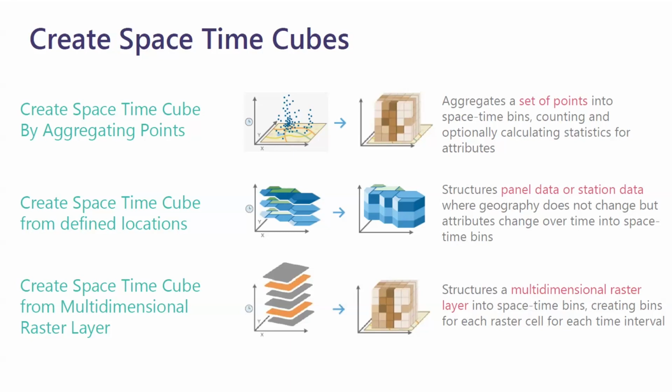In this case, you can run the tool specifically for your multi-dimensional raster layer and create your space-time cube from that. Whatever the case, the output will still look very similar in that we have each bin recording information, then we have each line tied to a particular location, and finally, time slices for different periods.